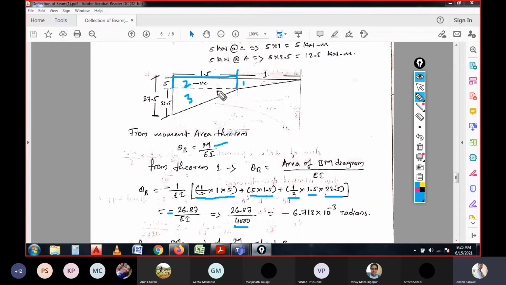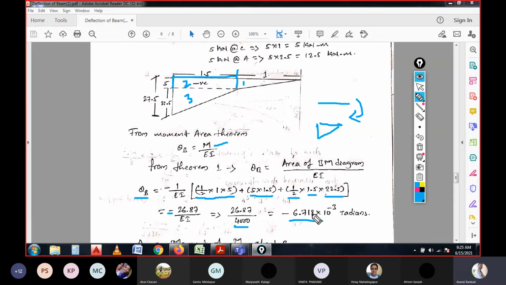This is written negative because it is a cantilever beam, and it will have the clockwise movement, and it is negative because we are drawing on the negative side, at the downside. So now this 26.87 divided by 4000 will be 6.718 into 10 to the power minus 3 radians of the angle, because we are calculating the slope.